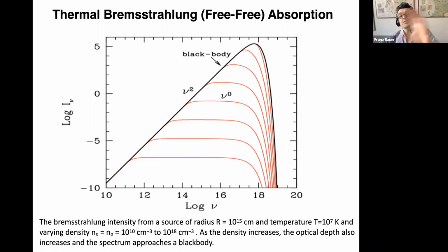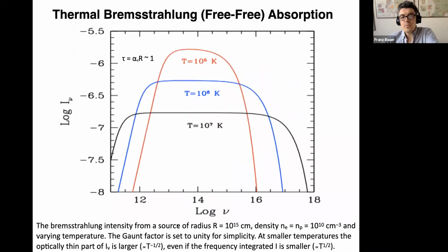Okay, so that's just to give you a perspective of how these things change with parameter space. We can do a similar thing where we now have a fixed radius and a fixed density, and change the temperature. And so here is for 10 to the 5, 10 to the 6, 10 to the 7 for this relatively low density. What you can see is that for lower temperatures, you obviously have a lower cutoff, by a factor of 10 each time.